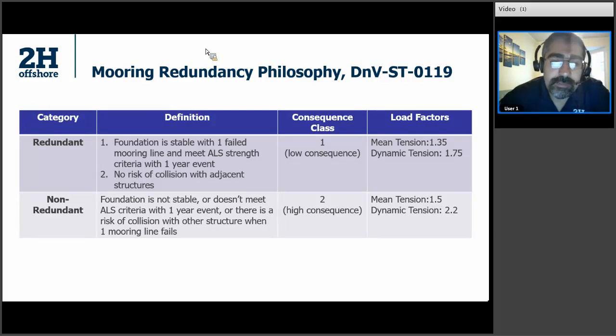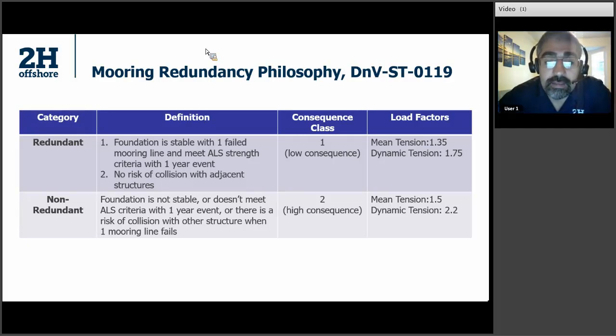For redundant system, this is according to the DNV standard 119. For a mooring system to be defined as redundant, first of all, it has to be stable when it's losing one mooring line, and it has to meet the accidental limit states criteria with 1 year event.